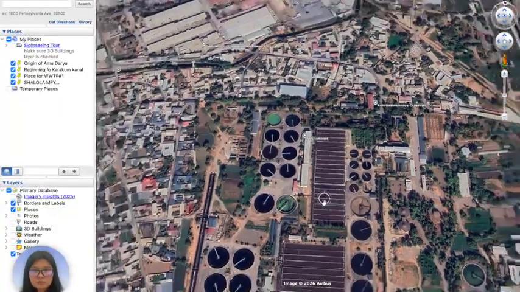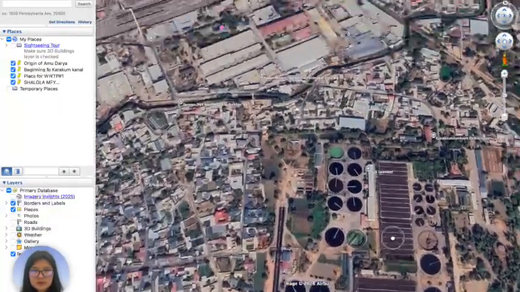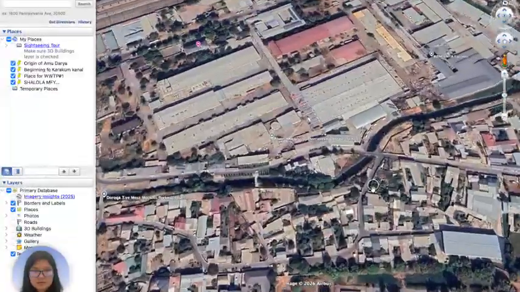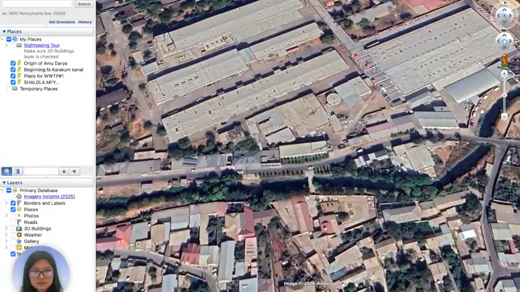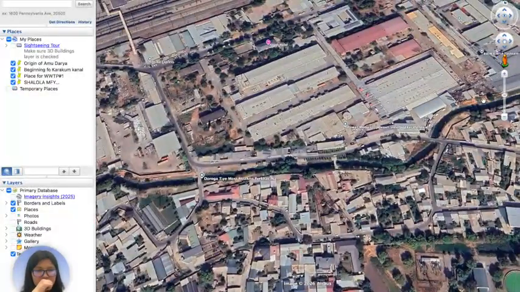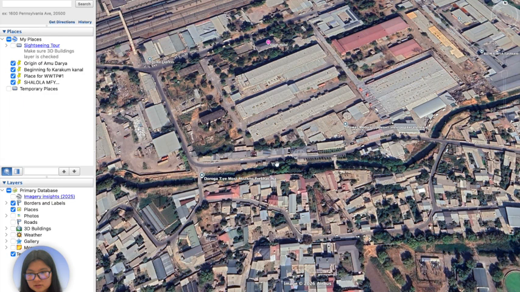And what I want to show you is that near this place you have the Salar River. If you look close enough, you can see that here is the Salar Canal, but it's a natural canal.